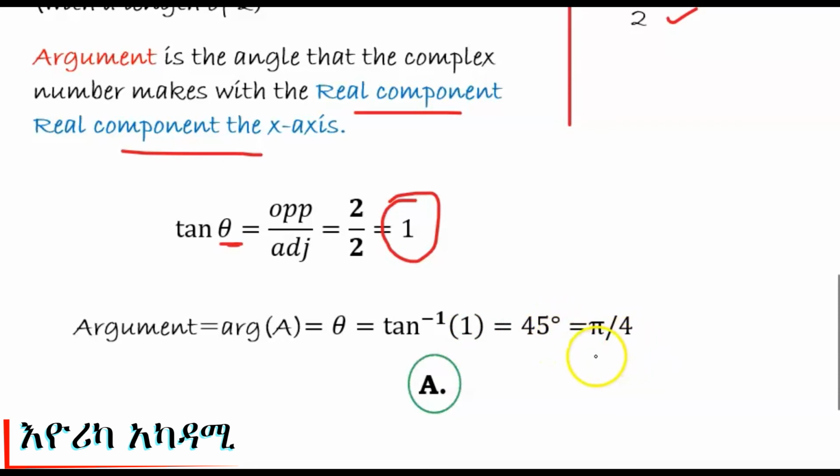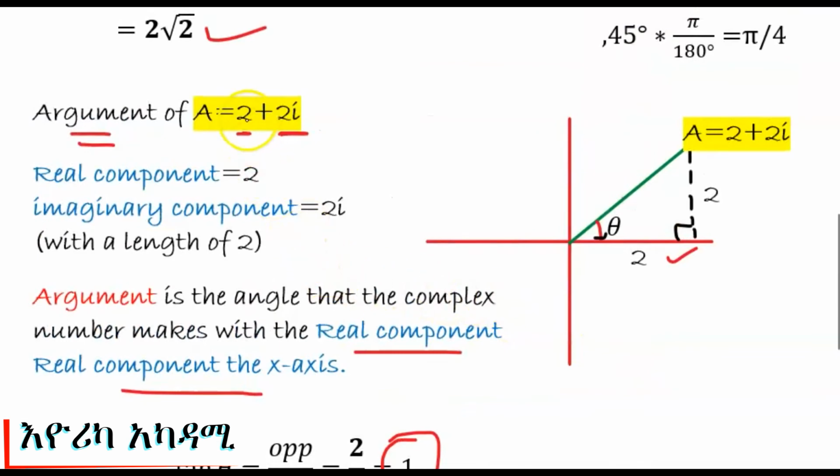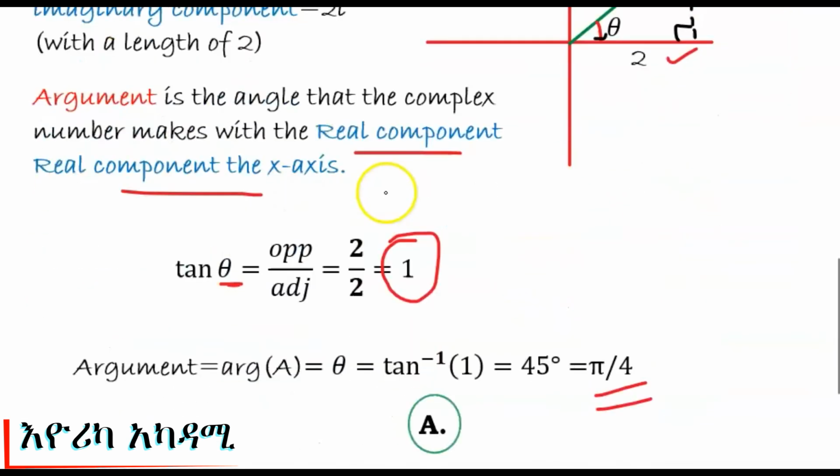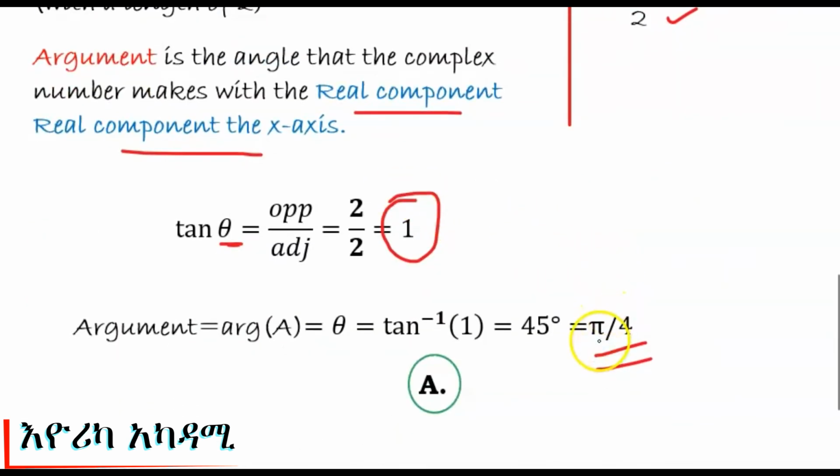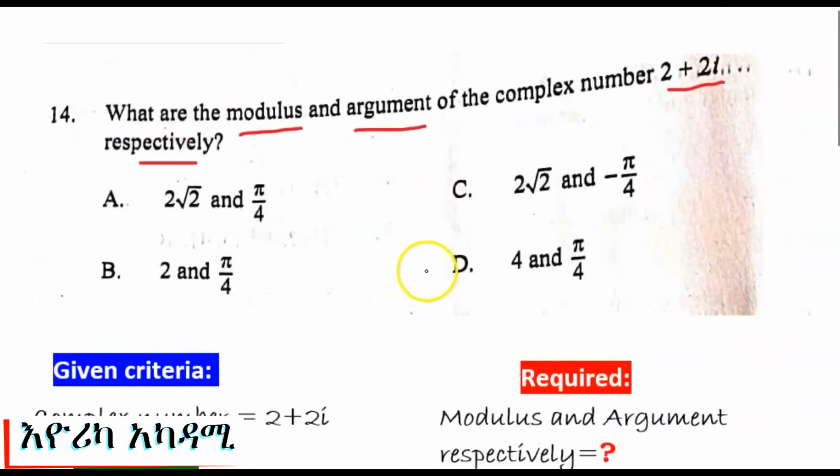So this is our argument value, pi over 4. Our modulus value is 2 radical 2 and our argument value is pi over 4. Looking for this among the choices, the option with 2 radical 2 and pi over 4 is A. So the answer to question 14 is A.